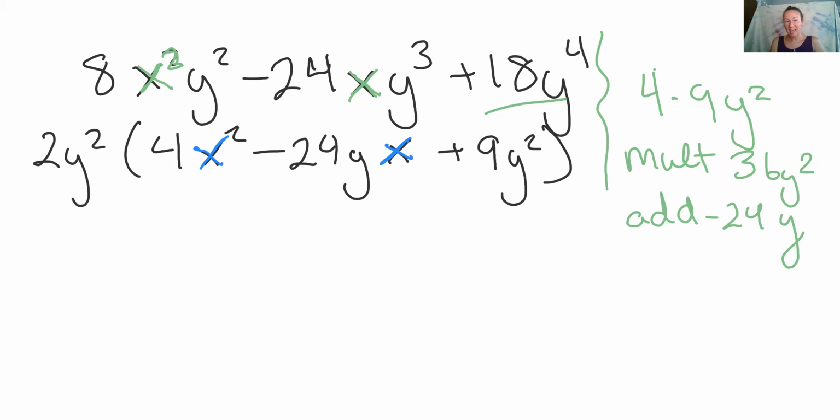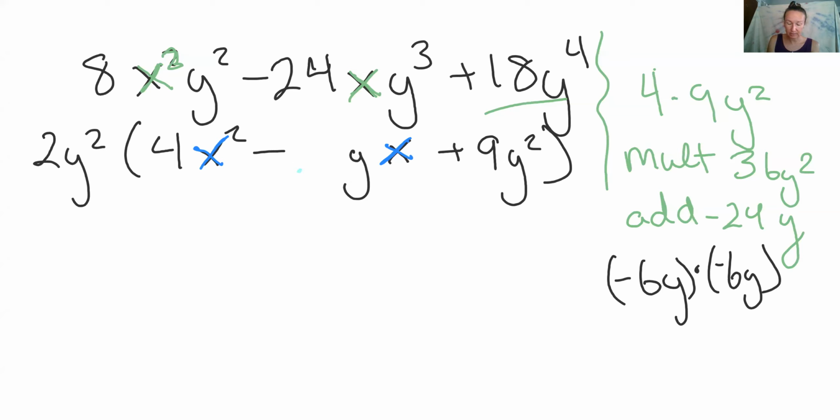Well, that's going to be a negative 6y, right? Negative 6y times negative 6y is a positive 36y squared. But it adds to that negative 12y, and I'm really sorry, guys, this is supposed to be a negative 12.